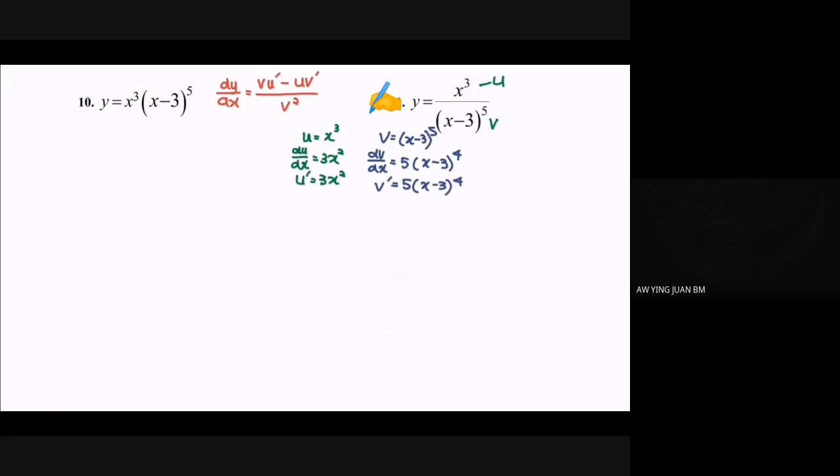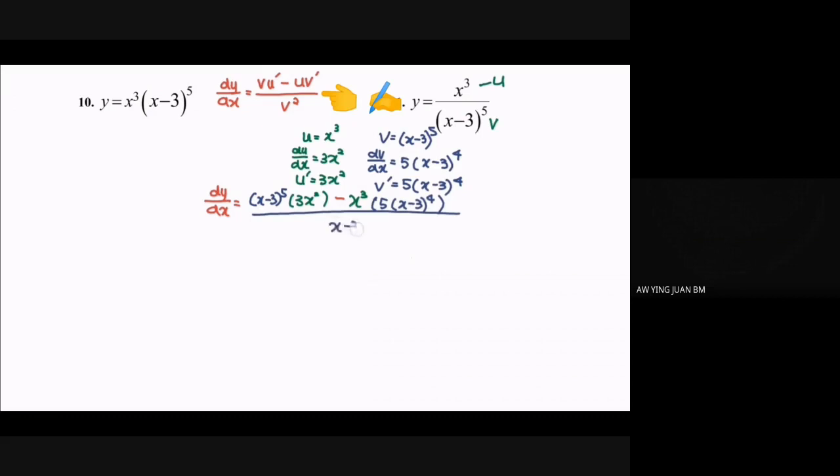So now, kindly substitute the situation into the formula. So dy/dx is equals to v, where we will have (x minus 3) to the power of 5, multiply with the u prime, 3x squared. Next, minus, we have u, where the u will be the x cubed, multiply with 5(x minus 3) to the power of 4 over v squared.